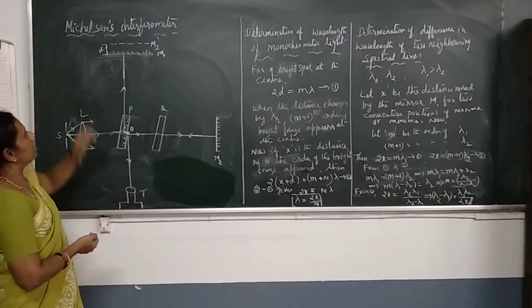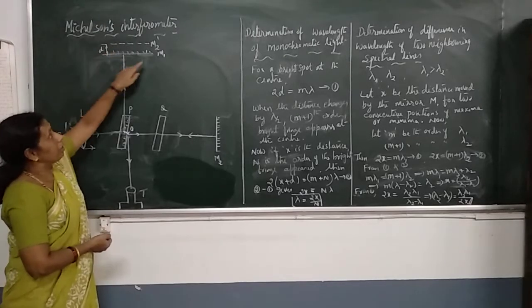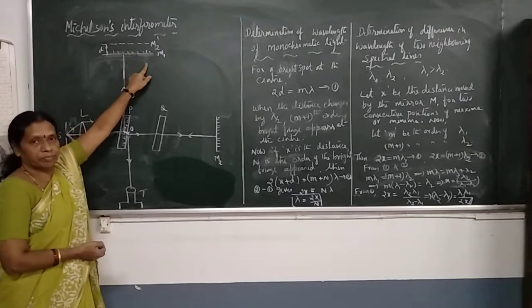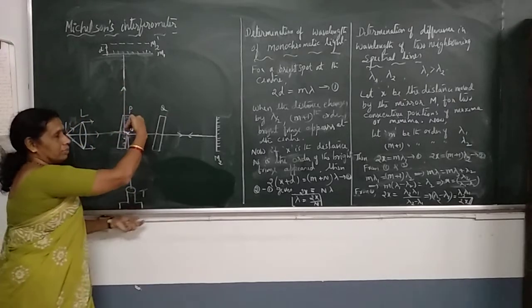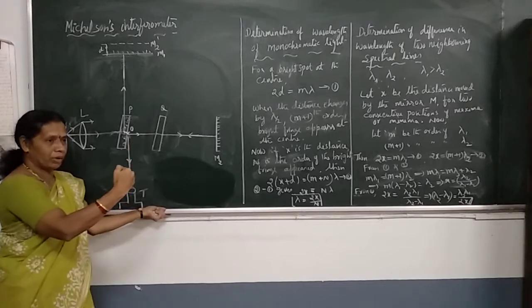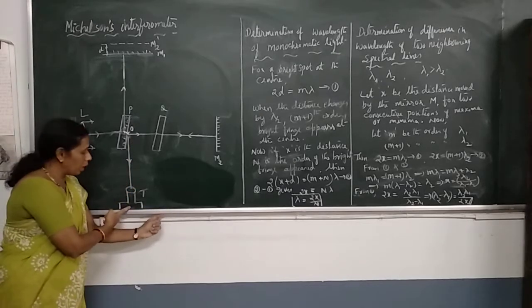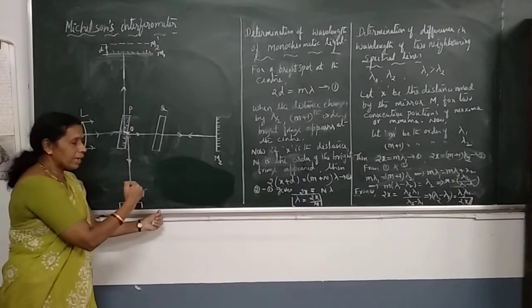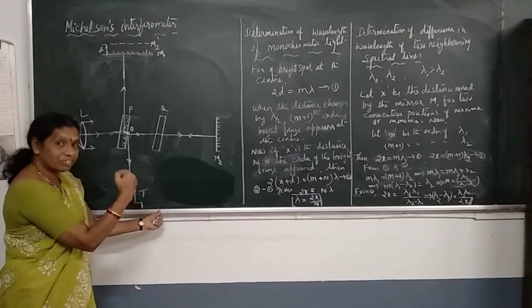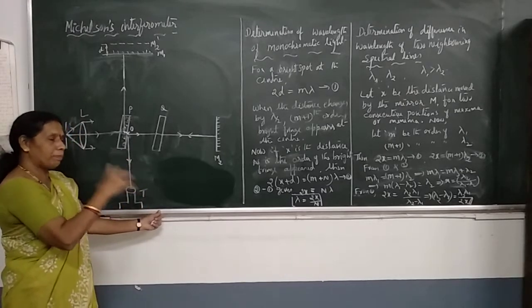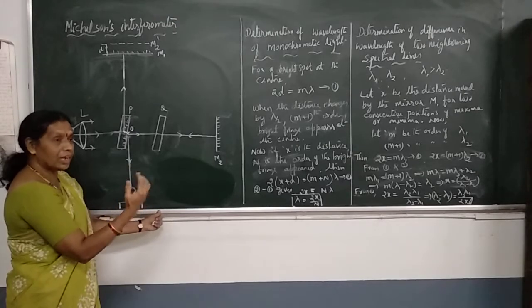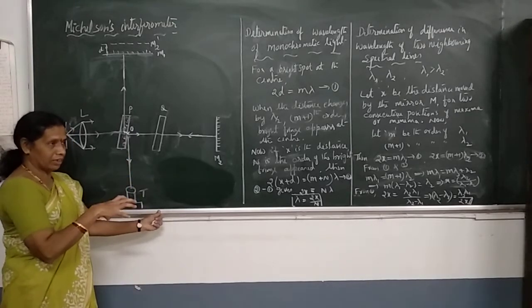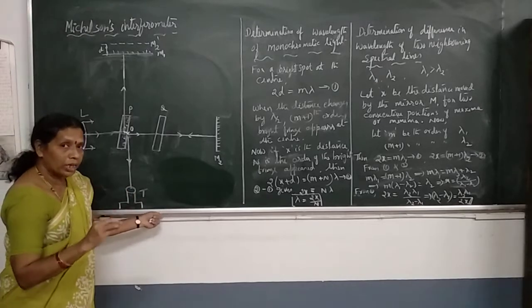Let the distance between the two mirrors M1 and M2 be D. And as we move the mirror M1, in the field, slowly, at one position, for one particular distance D, a bright spot appears at the center. Suppose D is moved through a certain distance so that a bright spot appears at the center. Let m be the order of that bright spot.